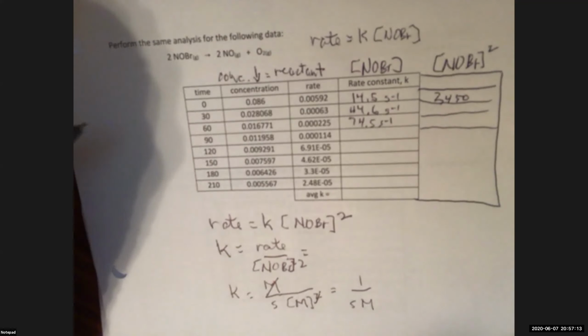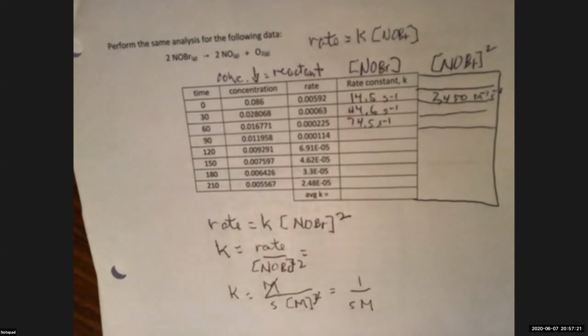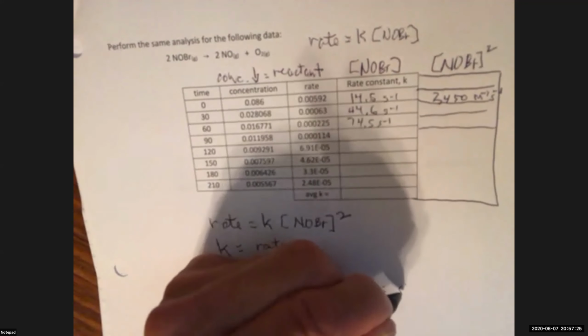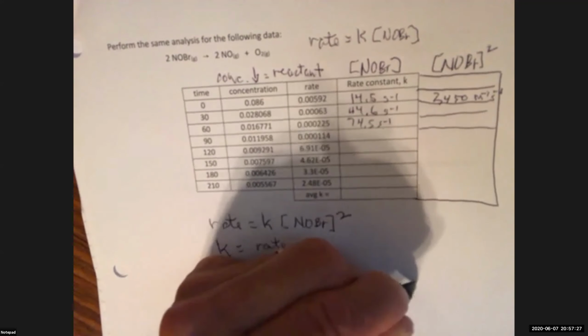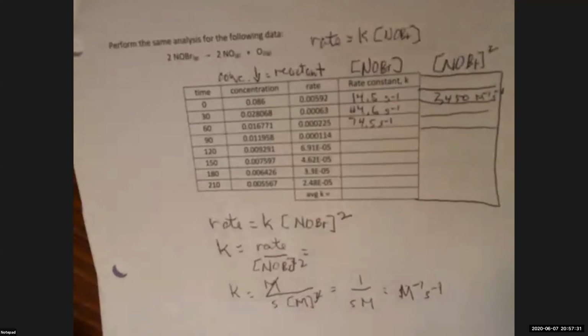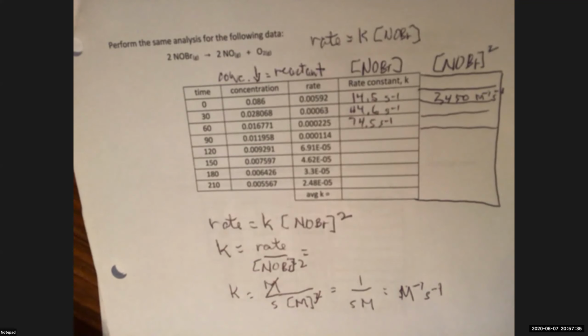We could write that as M to the minus 1, s to the negative 1. That makes sense. So those are the units for the rate constant of a second order reaction. So let's try the next one.